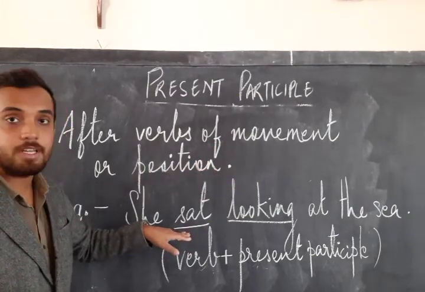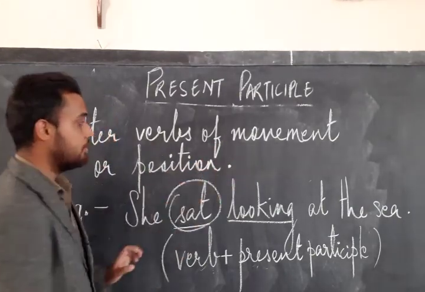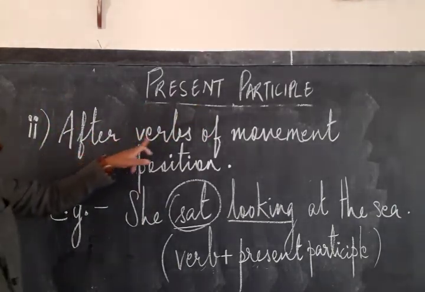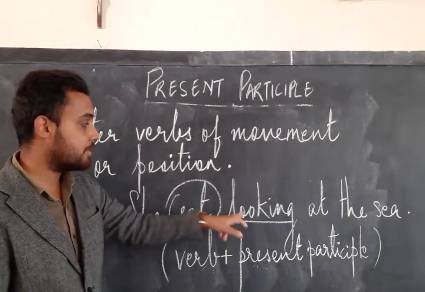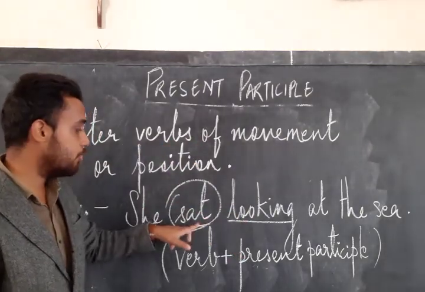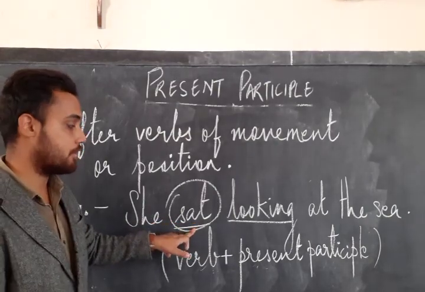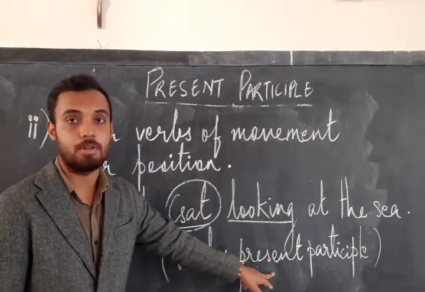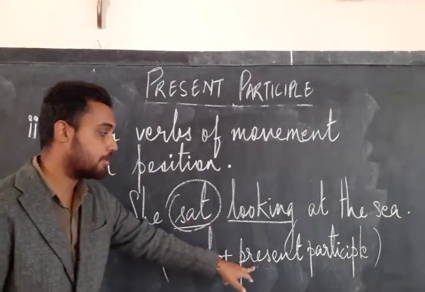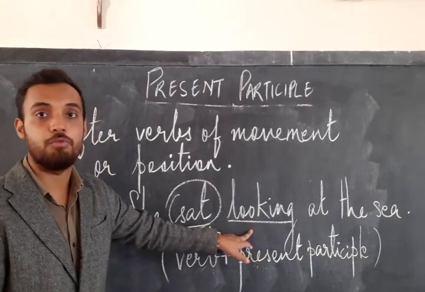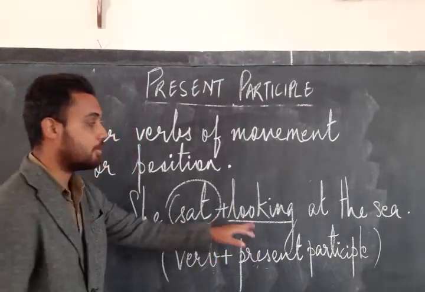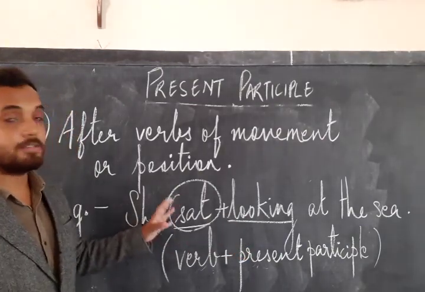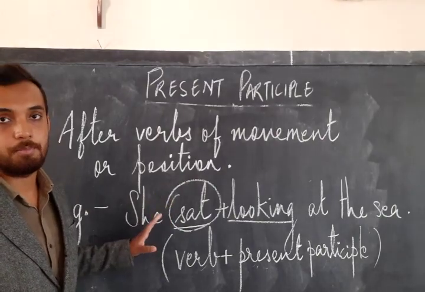The verb of movement in this sentence is sat, and the present participle, looking, is used after it. I have written the structure also over here: verb plus present participle. The verb is sat and the present participle form is used after the verb. Sat plus looking. She sat looking at the sea. This is the other use of the present participle.